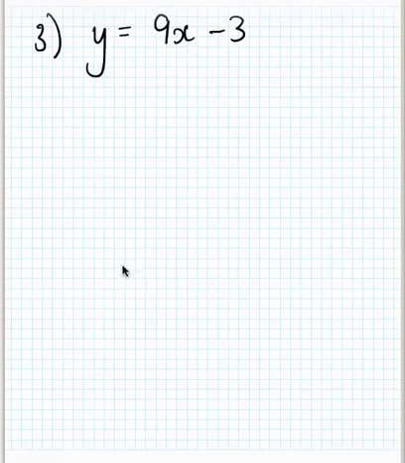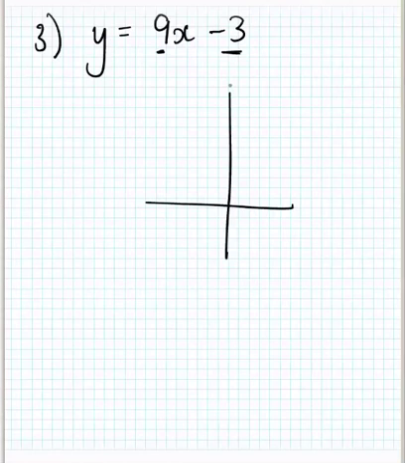Okay, our next question, here it is. Before we even start using any method, we first analyze what we have. It's in the form of y equals mx plus c. The gradient is +9. The y-intercept is -3. A quick sketch of our graph will show us this. We're going up the hill, and it's cutting through when y is -3. So it cuts through that point on the y-axis, that's the y-intercept, and goes up the hill like that.